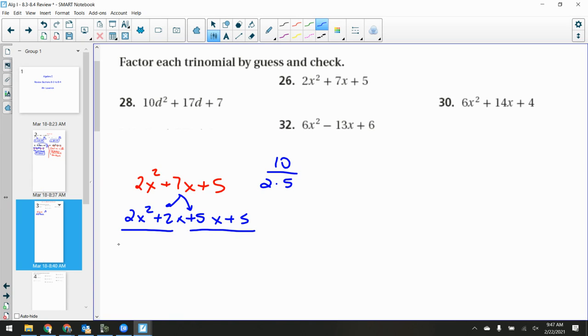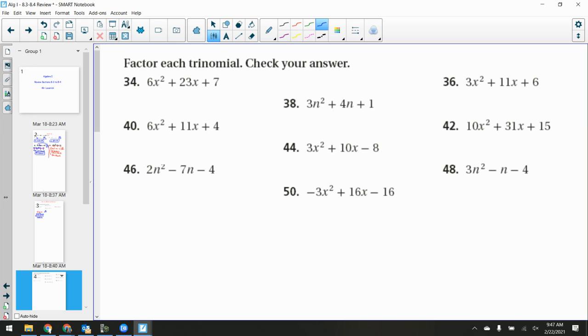And I factor by grouping. Pull out a 2x, leaving an x plus 1. Pull out a 5, leaving an x plus 1. That make sense? I just didn't pull out the 5 and I just made it a 1. Any other questions through 32? Okay.